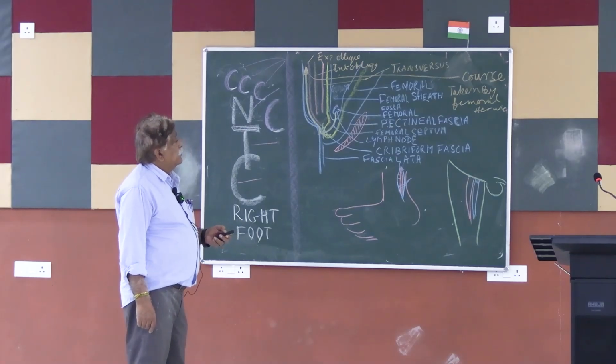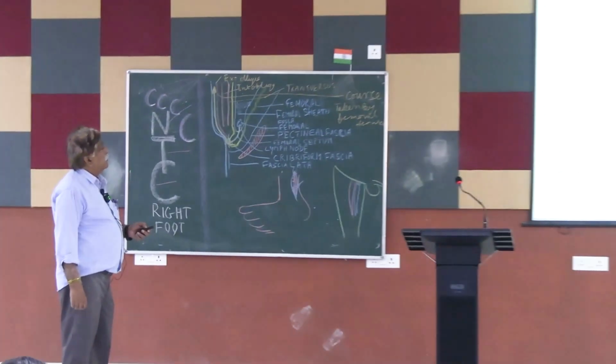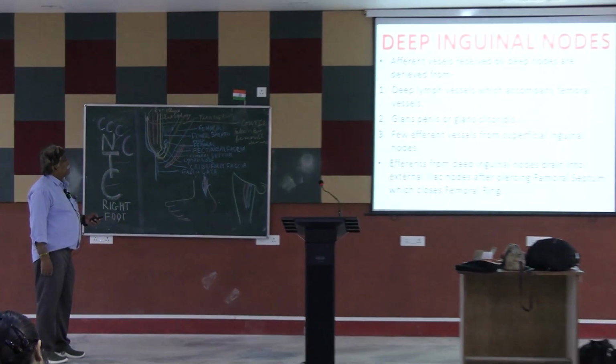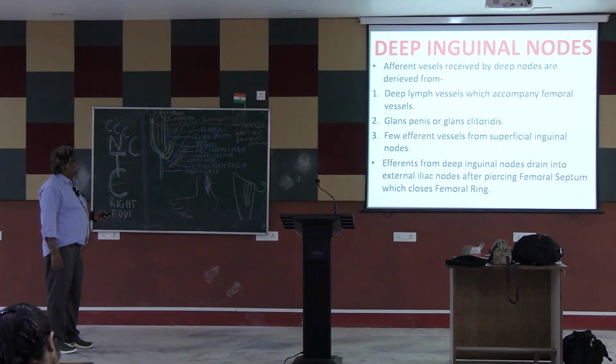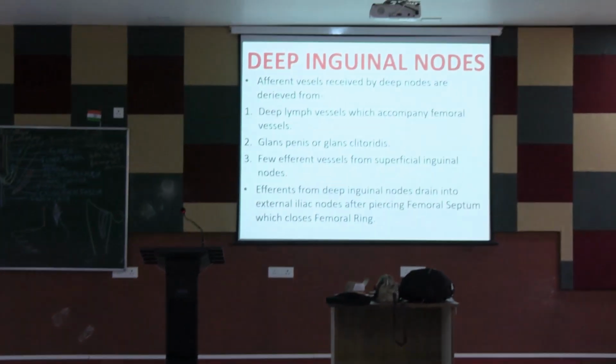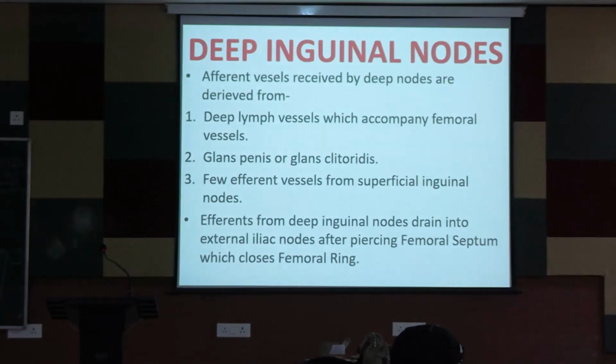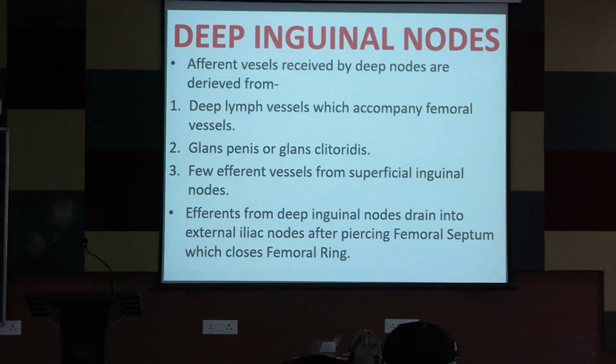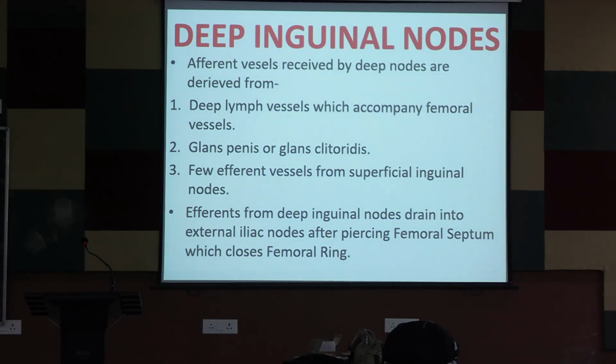Now, the afferent vessels received by deep nodes are derived from deep lymph vessels with accompanying vessels, and from the glans penis or clitoris. Few efferent vessels from superficial inguinal lymph nodes and deep efferents from deep inguinal lymph nodes drain into the external iliac nodes, piercing the femoral septum and closing the femoral ring.